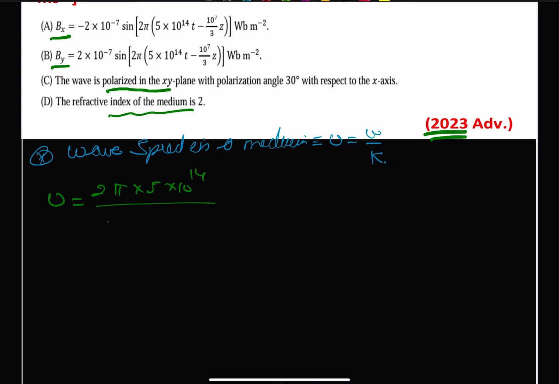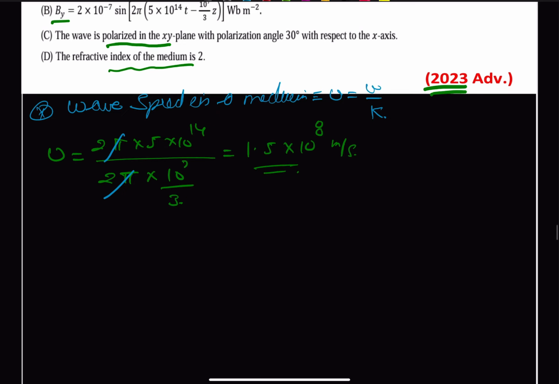Wave number is our 2 pi into 10 raised to power 7 divided by 3. And here 2 pi and 2 pi cancel out. This 3 comes as 15. So this will be equal to 1.5 into 10 raised to power 8 meter per second.